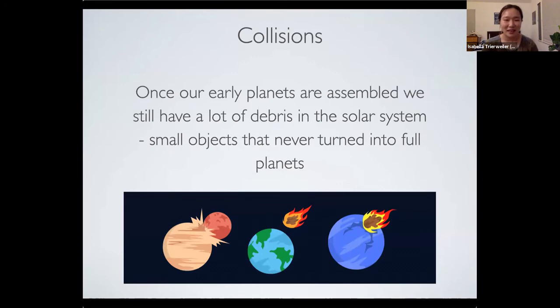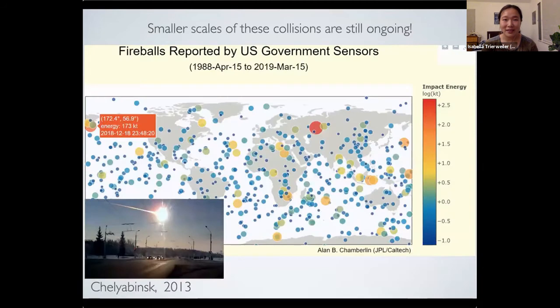The other cool thing about collisions is that they're ongoing. So we're experiencing them now. On the back here is a map of all of the meteorite events, or most of the meteorite events at least, from 1988 up to last year. And these are happening fairly frequently.